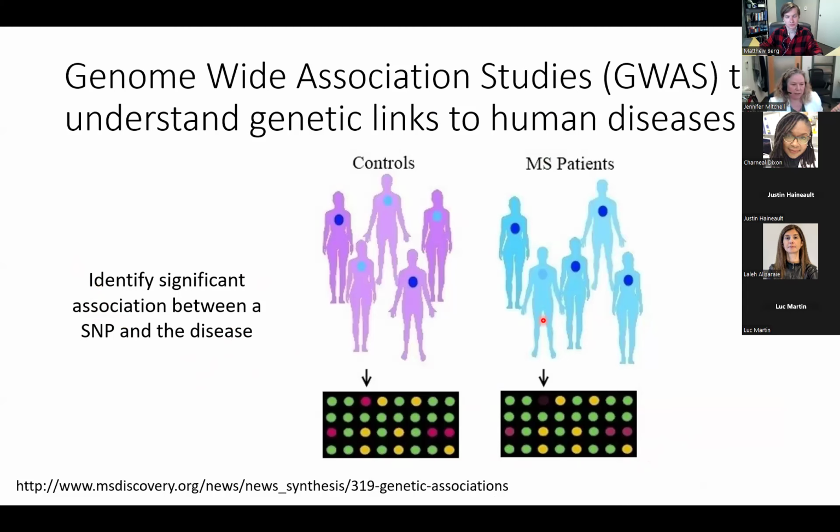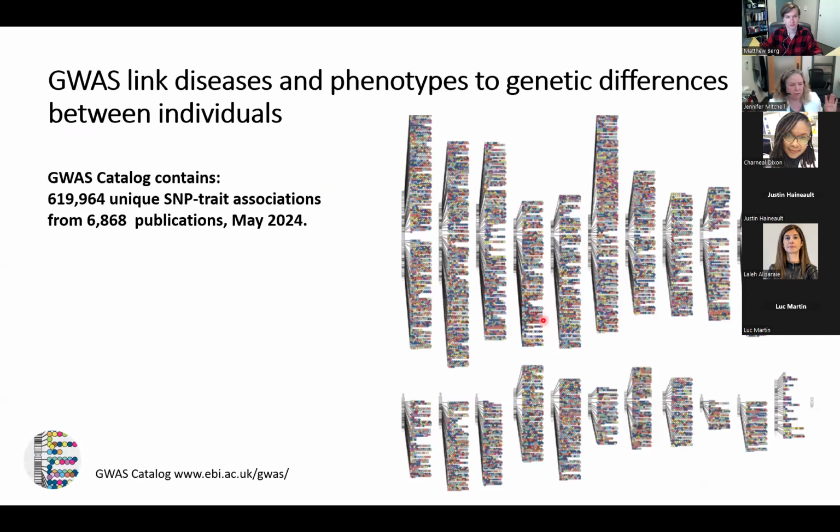There's in fact a huge database of these GWAS links, which is now just over 600,000 unique single nucleotide polymorphism trait associations from close to 7,000 publications. And these are widely distributed across the human genome. These are cartoons of the individual chromosomes and regions where these links have been identified.